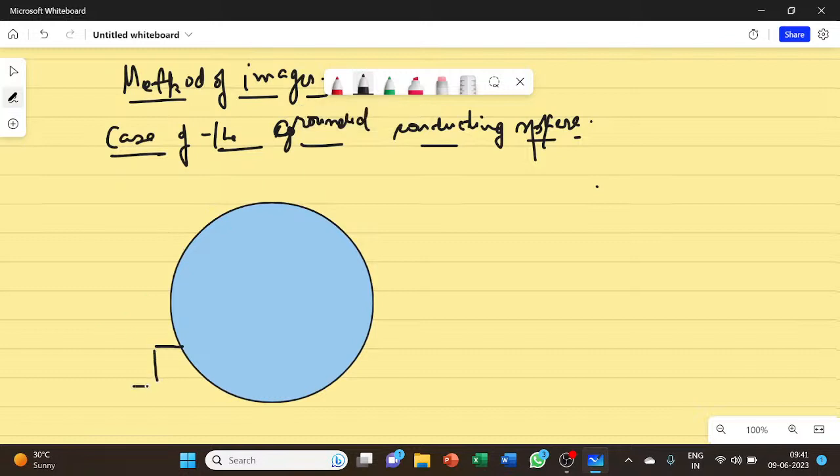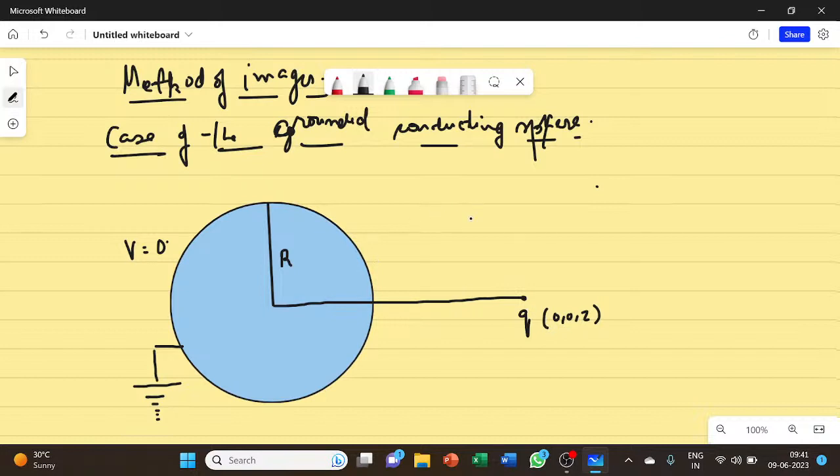The radius of this conducting sphere is capital R, and a point charge is kept at a distance 0, 0, z.